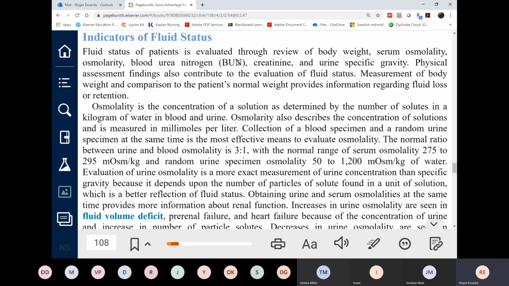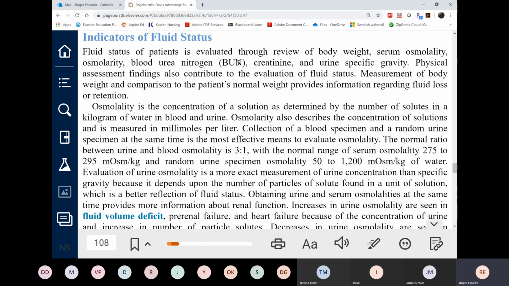Will it be concentrated or diluted? Diluted, so it will decrease your serum osmolarity. BUN and creatinine: in fluid overload, the blood sample we took was very diluted. What will happen to your BUN and creatinine? It will drop, because again, we're talking about the concentration of the blood sample here. And the opposite will happen if you're dehydrated: BUN and creatinine will rise.